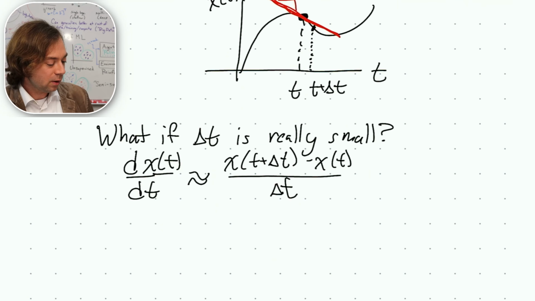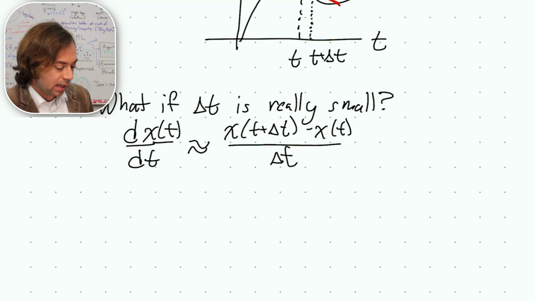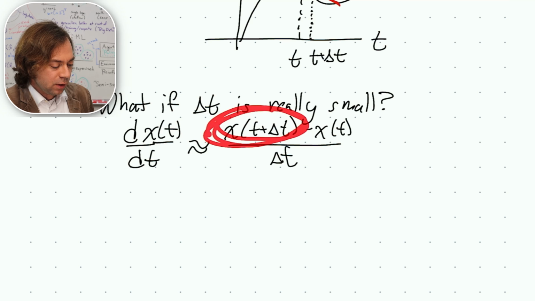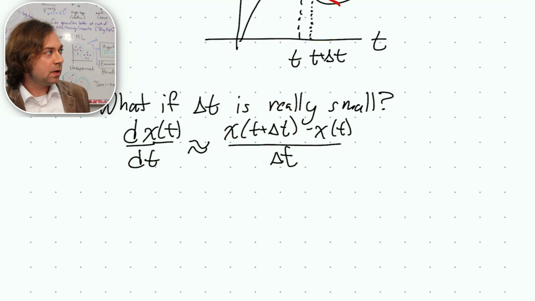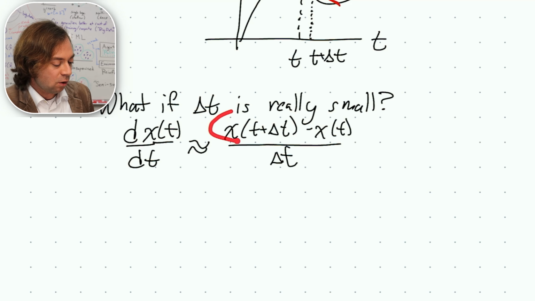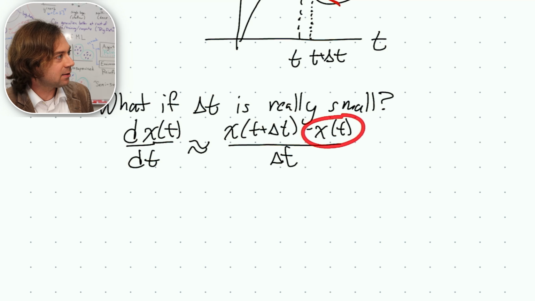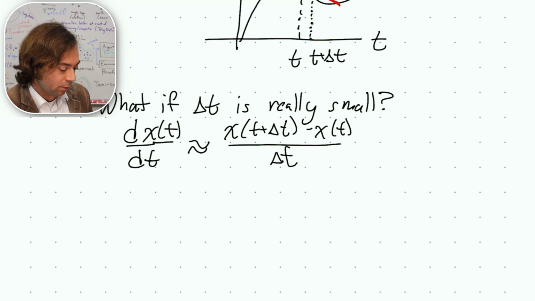Which is cool, because what that means is I can then say, in the future, I want to know what x is in the future. That's what solving a differential equation is. I want to know what's happening in the future, right? I can just solve for this using good old algebra. Multiply both sides by delta t, then add x of t to the other side. I can just solve that really quick.